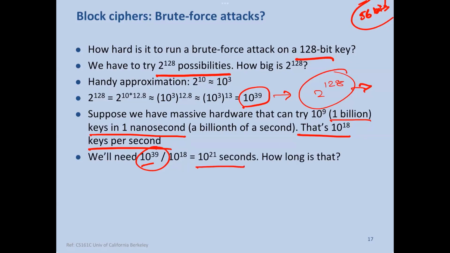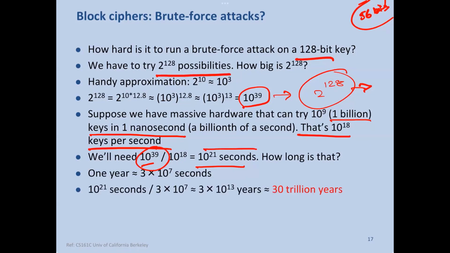It will take 10 raised to the power 21 seconds. Now it looks very small in number, right? One year is 3 into 10 raised to the power 7 seconds, so breaking this by brute force will require 30 trillion years. It's quite a big number. So we can safely say a 128 bit key size is good enough.